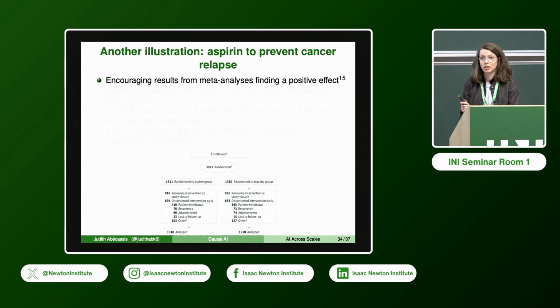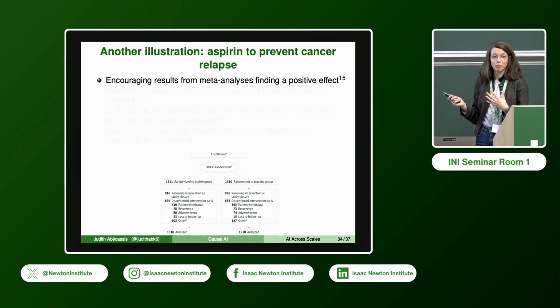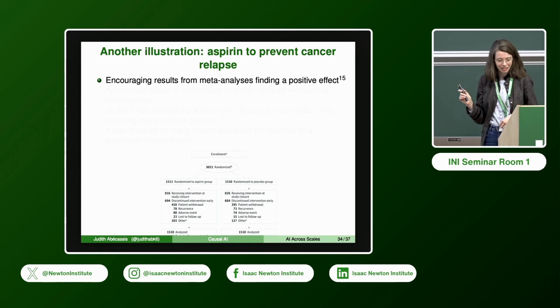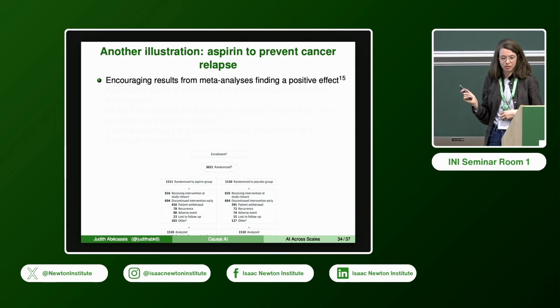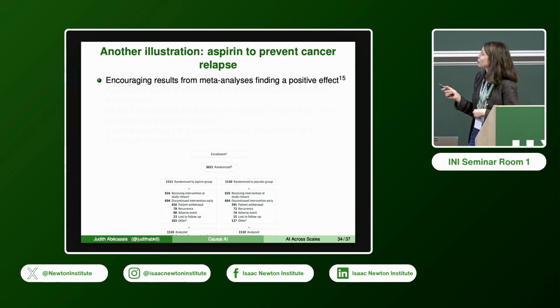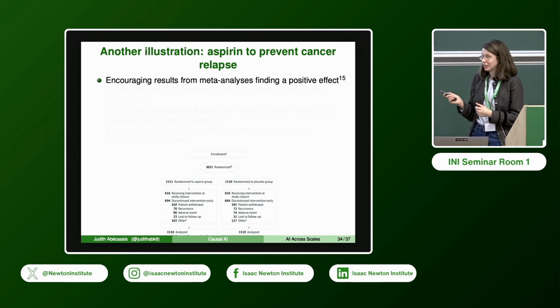So another example of this is the case for use of aspirin to prevent cancer relapse. So there has been, again, some encouraging results from observational meta-analysis, so trying to go back to and pool together meta-analysis. So for example, this one that I cite here, I should correct that in the final version, looked at almost 1 million patients with breast cancer and found some positive effect of aspirin in this retrospective analysis.